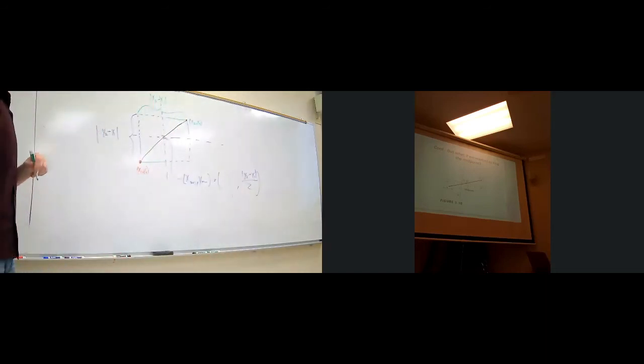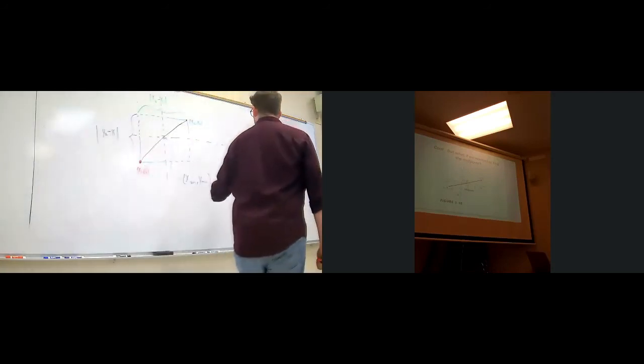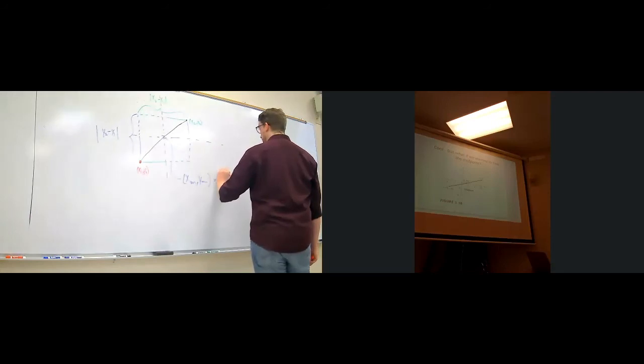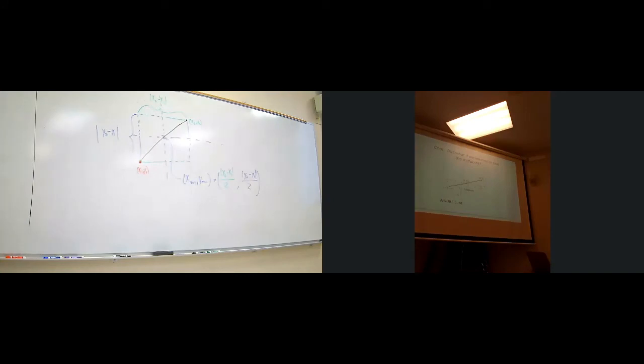So again, since we're dividing that distance in half, this point has to be x2 minus x1, the absolute value of that, divided by 2. So the midpoint between two points is just going to be the average of their x values and their y values. Does that make sense to everyone?